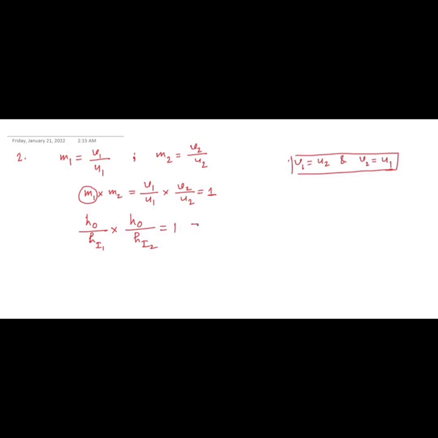Okay, so I can conclude from here h0 square is equal to hi1 multiplied by hi2. So h object is equal to root over hi1 multiplied by hi2. That is the thing that we can conclude from here. Okay, so that is all about the displacement method. Using this method in the laboratory, we can easily find out the focal length of any unknown converging lens.